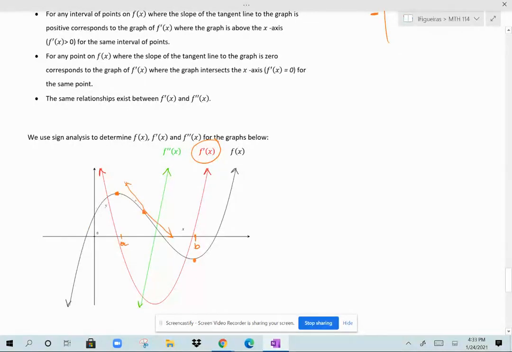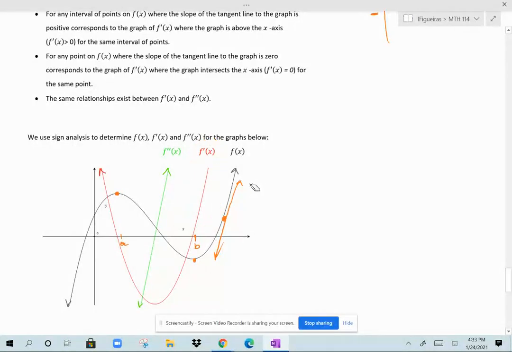So notice that everything from here to there will have a negative slope, but that's exactly the same places where the value of your f prime, which looks like a parabola, is below the y-axis. Anything greater than B would again be a positive slope. So therefore, f prime has positive y values.